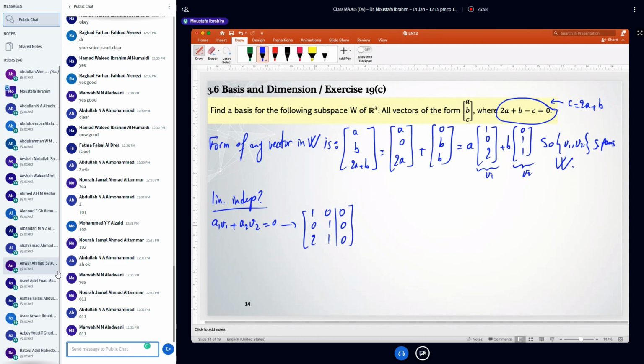I have a leading 1 here. To make this one 0, R3 minus 2 R1. We get 1, 0, 0, 0, 1, 0, and minus 2 plus 2 is 0, and 1, 1. Leading 1, so R3 minus R2. It's a little bit similar to the previous one.